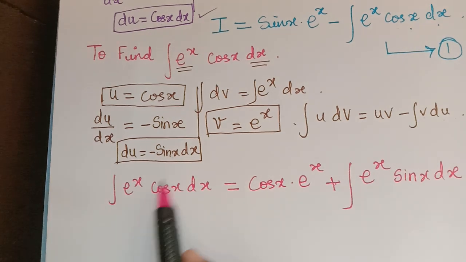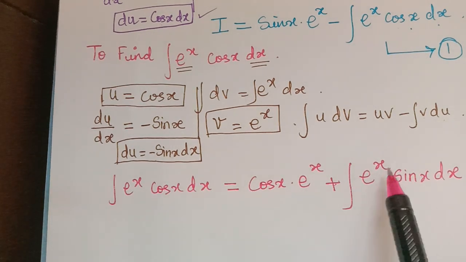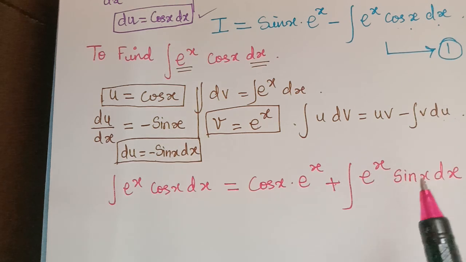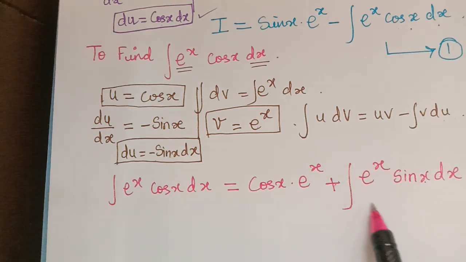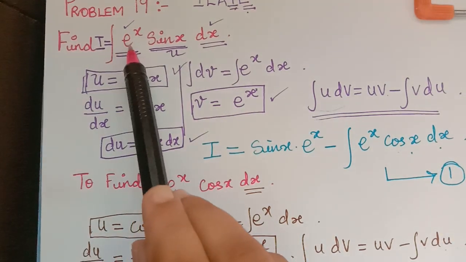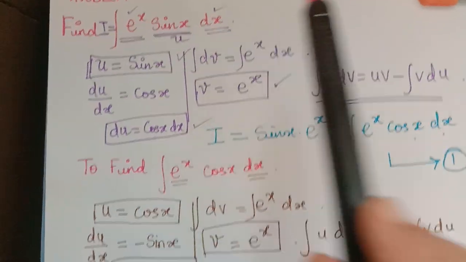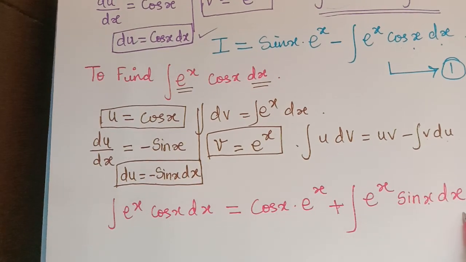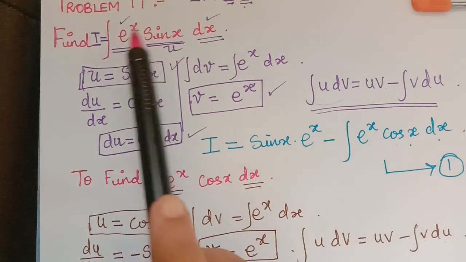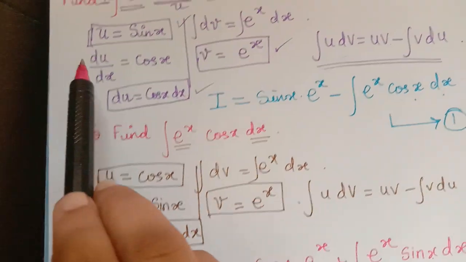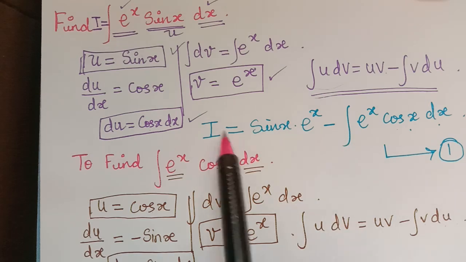Now this integral, if we evaluate, again we are getting an integral of product of two functions, but we observe that this integral is the same integral that is given in the question, that is integral e power x sin x dx. So this is also integral e power x sin x dx, and we have represented this integral as capital I. So that is what we have to evaluate finally, that is this equation 1.